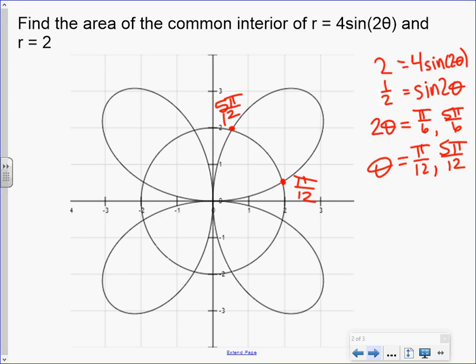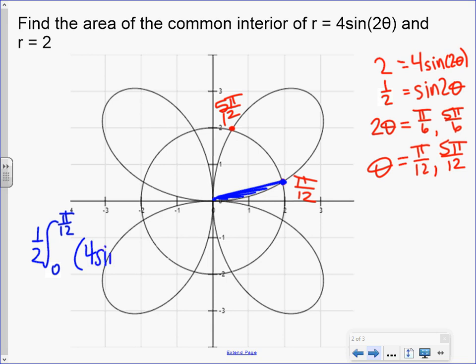We need to figure out how many integrals we need. It's not just one integral. If we start here at 0, we start drawing area along the pedal, from 0 to pi over 12.